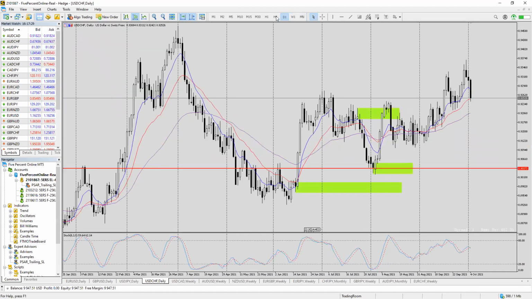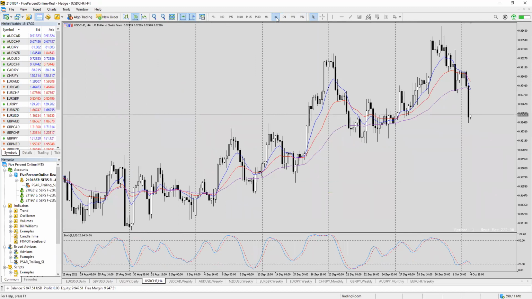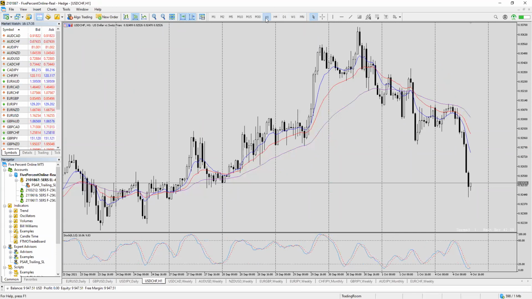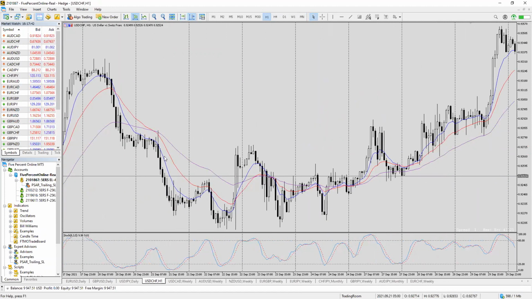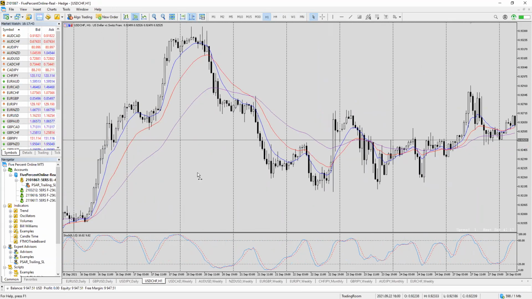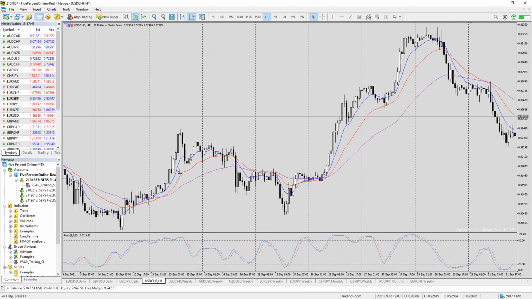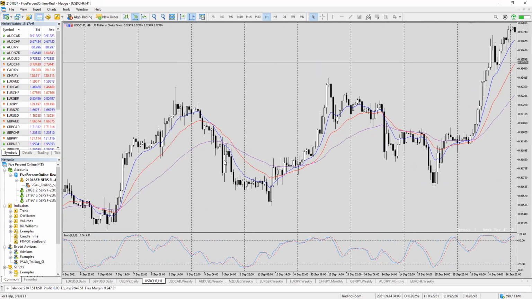Overall, on the shorter time frame, again, just like the dollar yen, you can look for short-term trends, but maybe even more than the dollar yen, you can see how choppy it is with not a very clear trend.